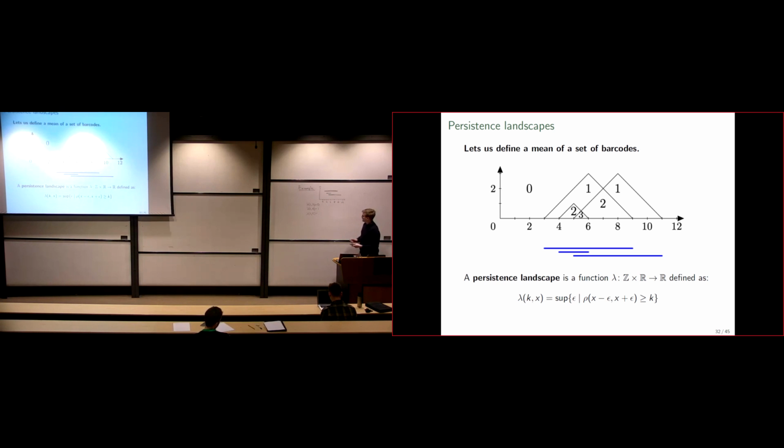But we can increase epsilon more than that because this top bar is born all the way at 3. So if we choose epsilon equal to 2, we are then considering the map from 3 to 7, and this top bar survives all of that. So here, since we're looking for the map of rank 1 or more, and we want to maximize the epsilon, here the 2 maximizes this epsilon.